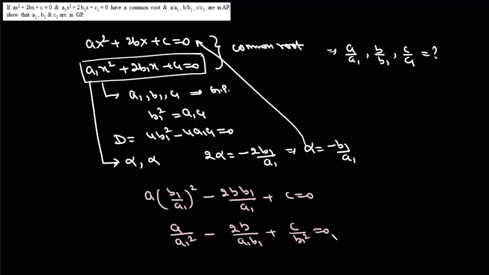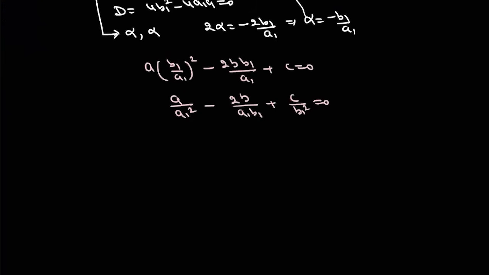Now we know that b1 square is a1 c1. So we'll write this b1 square as a1 c1. So we'll get a upon a1 square minus 2b upon a1 b1 plus c upon a1 c1 equals 0. We'll take 1 upon a1 common.